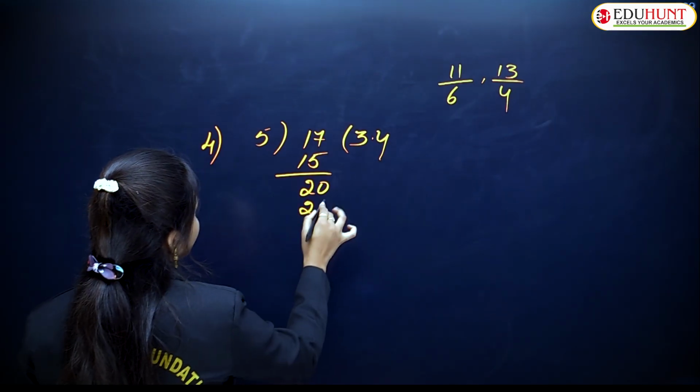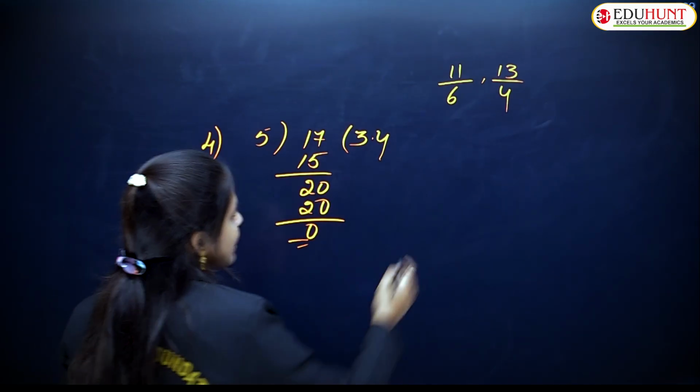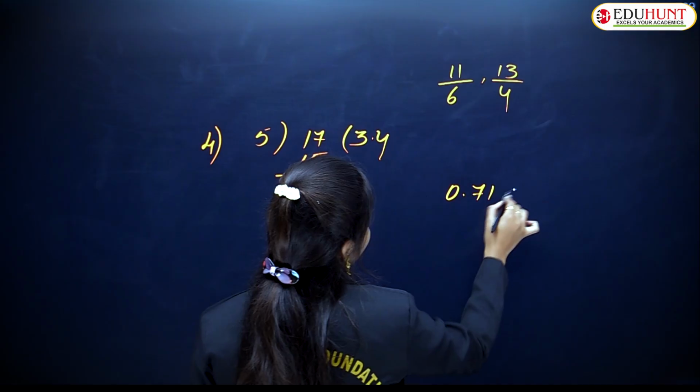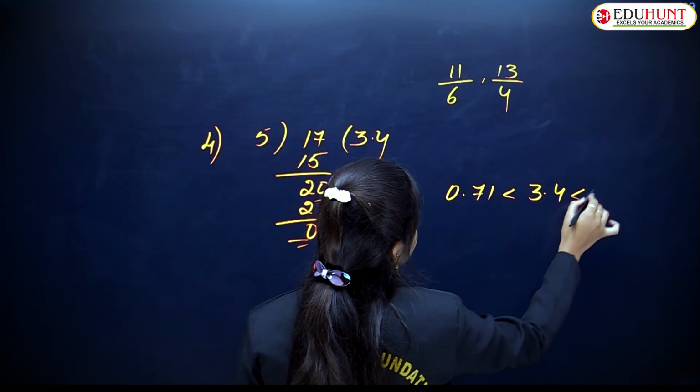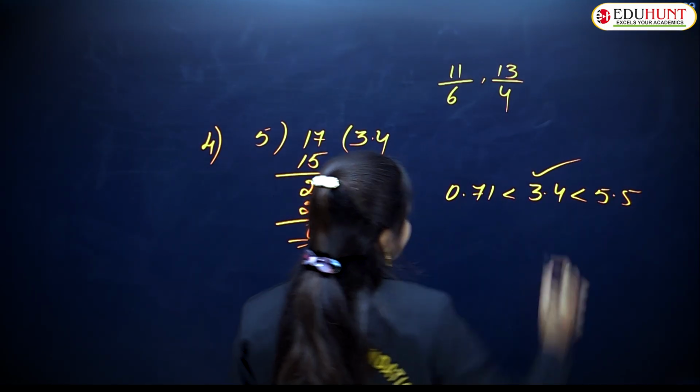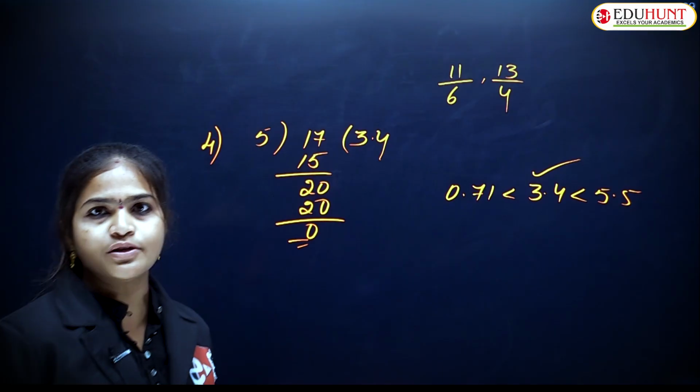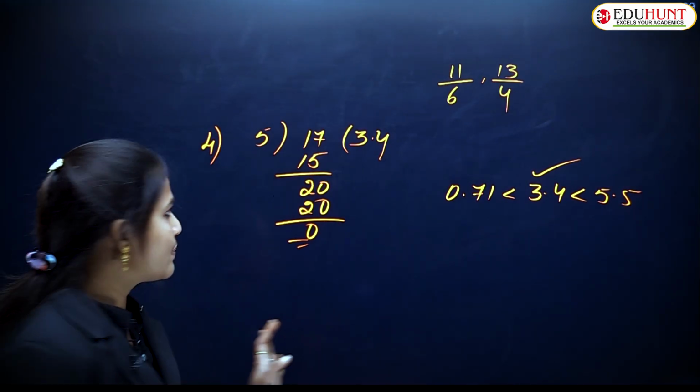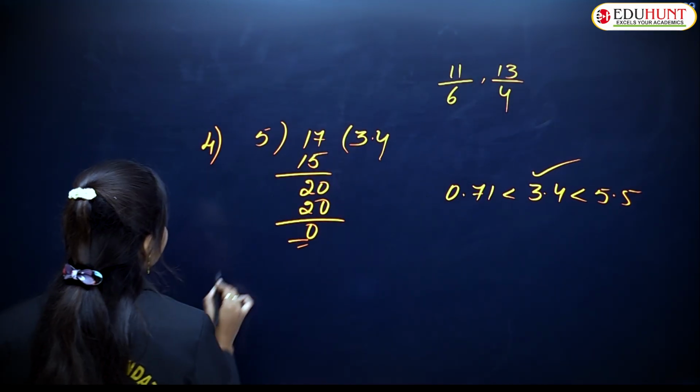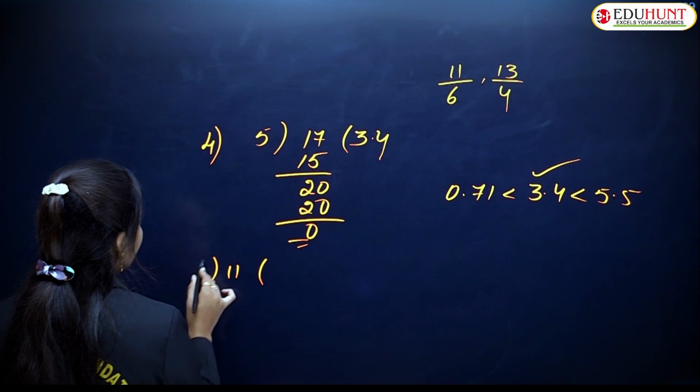Okay, 5 fours are 20. Clear? As per this, 0.71 is less than 3.4, which is less than 5.5. So this number lies in between those two values or not? So this is satisfying.